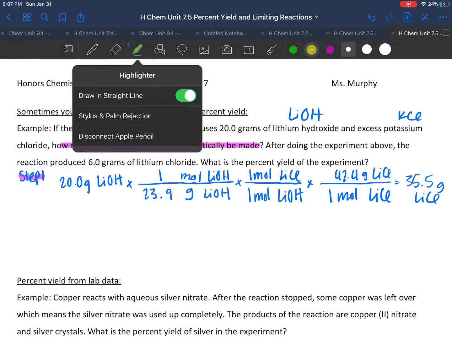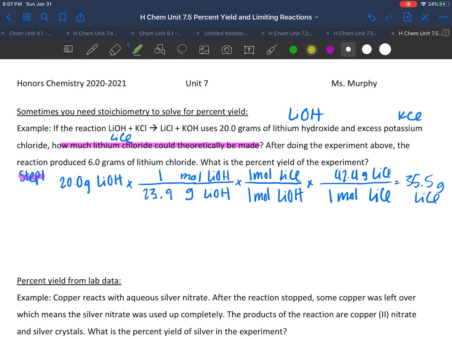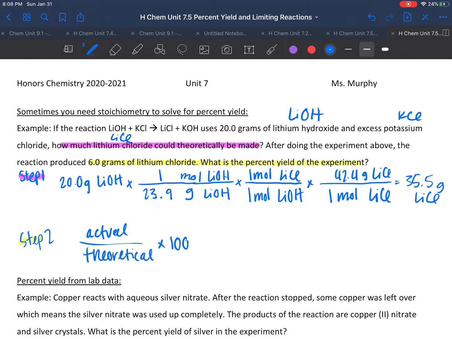Now, the second question is saying, after we do the experiment, we get 6 grams of lithium chloride. So what is the percent yield? All we have to do now for step 2 is calculate percent yield using our actual over theoretical times 100.